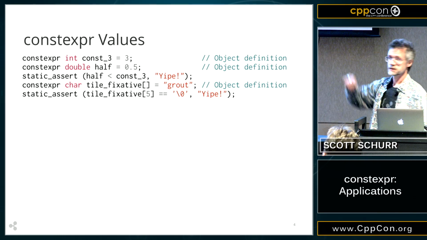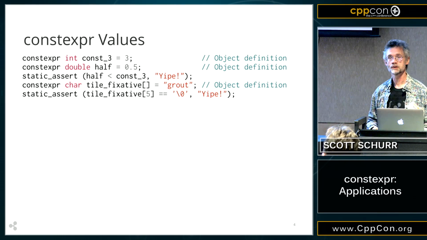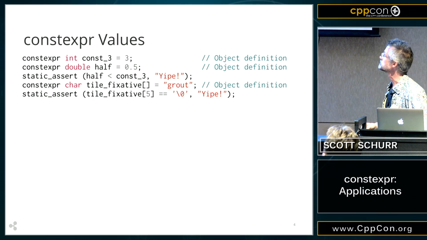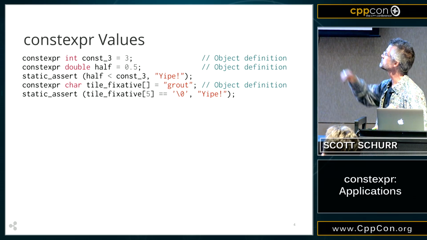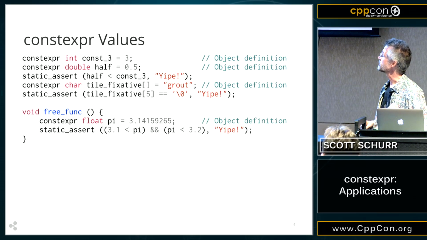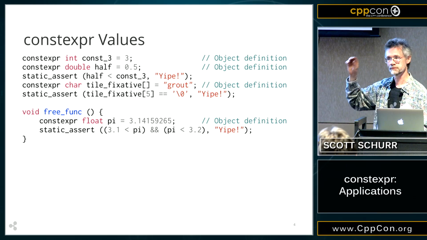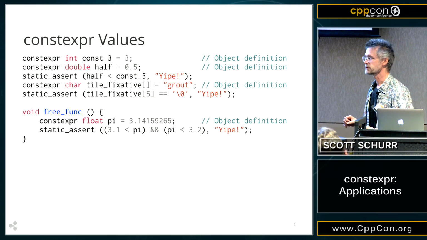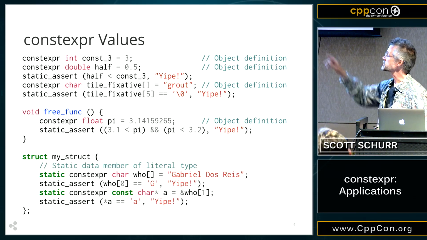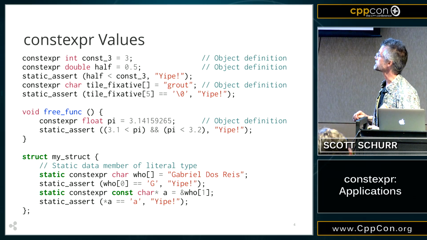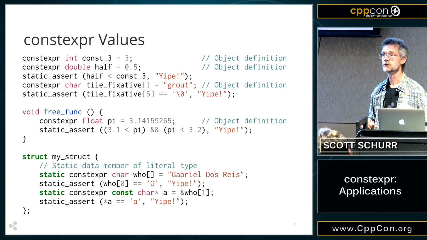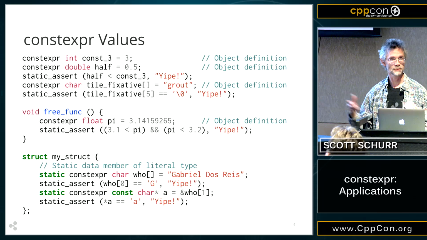Constexpr values look like this. You can have a constexpr value at namespace scope. You can also have a constexpr function or value at function scope. And you can also have a static data member of a literal type of a struct or a class or whatever.